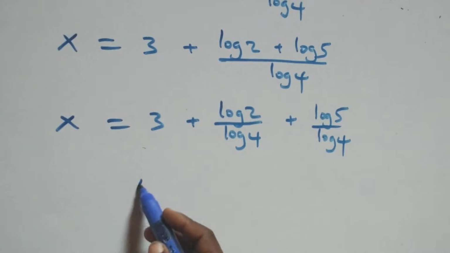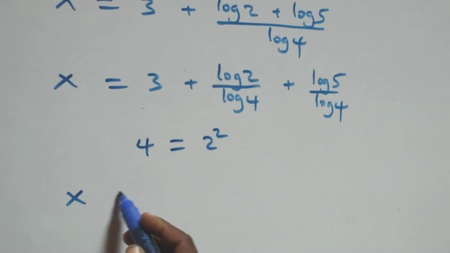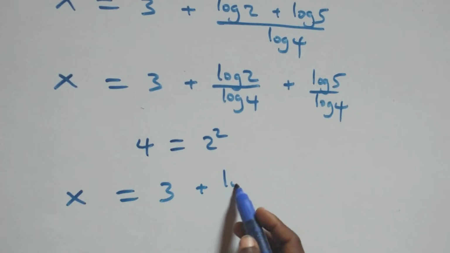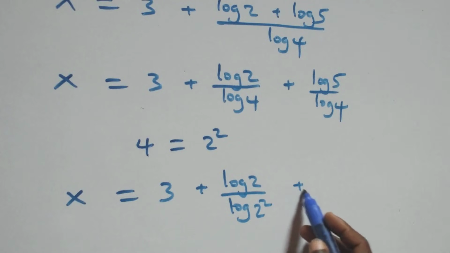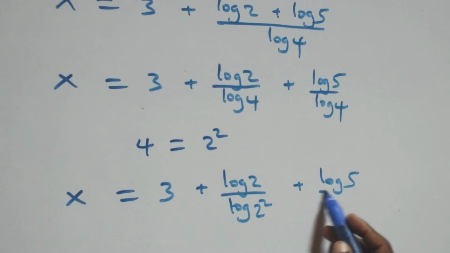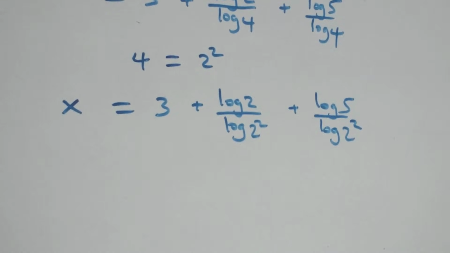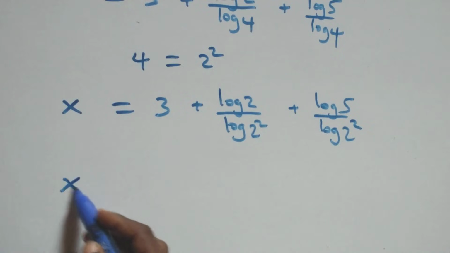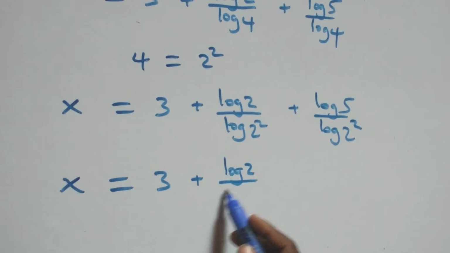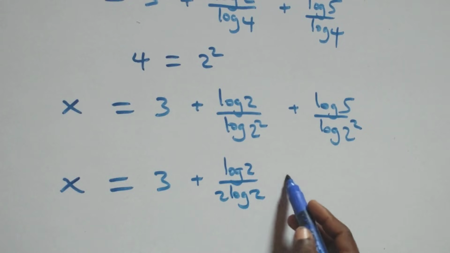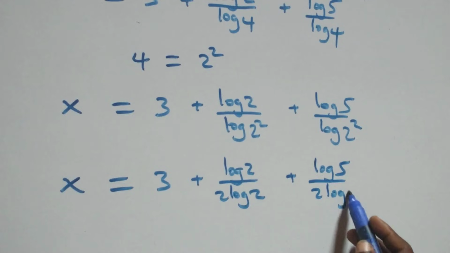This here, 4 can be written as 2 times 2, that's 2 squared. And we have x equals 3 plus log 2 over log 2 squared plus log 5 over log 2 squared. And we apply the power law of logarithm here. 2 comes here, and also here, we have x equals 3 plus log 2 over 2 log 2 plus log 5 over 2 log 2.